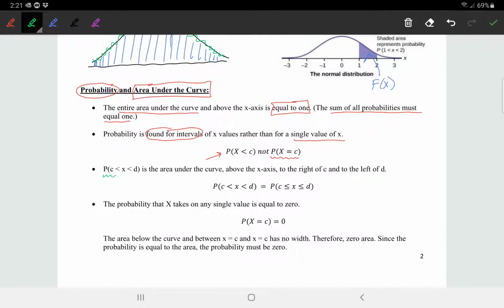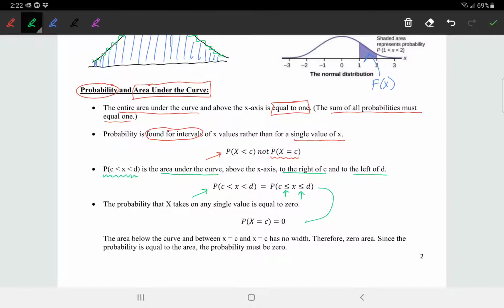If we're saying that the probability that x goes in between c and d is the area under the curve above the x-axis, to the right of c and to the left of d, this probability will be c less than x less than d. That is the same as c less than or equal to x and less than or equal to d.